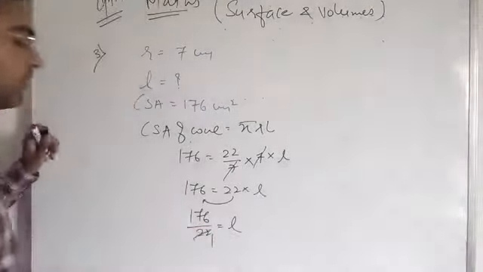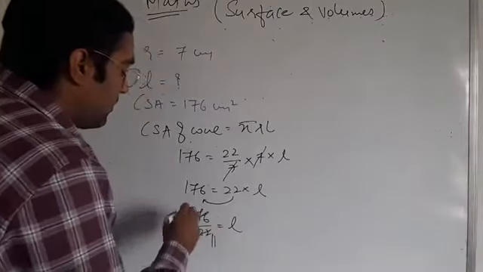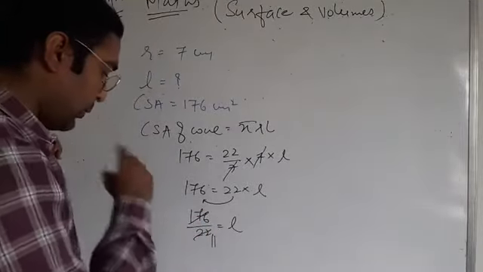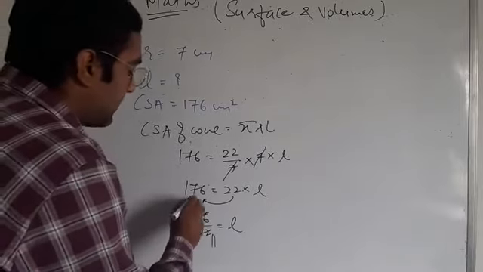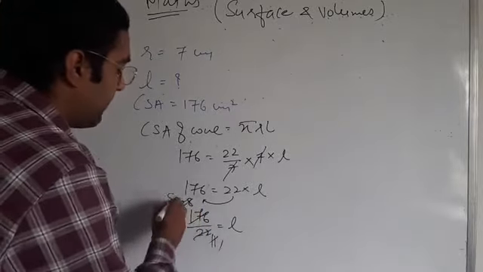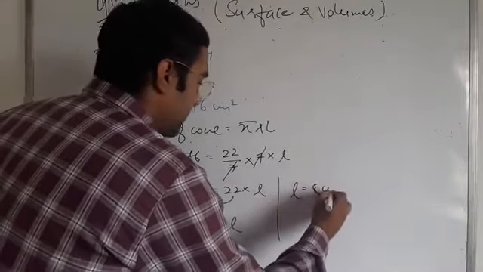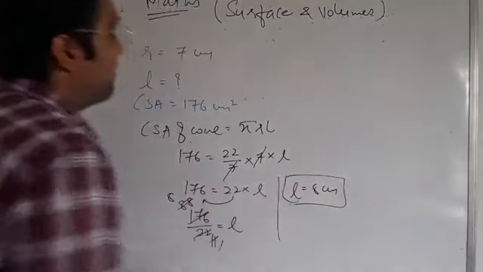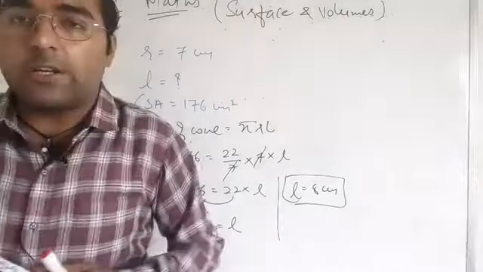Cancel out 22: 2 11s are 22, 2 8s are 16, 11 8s are 88. My slant height for the cone is 8 centimeter.